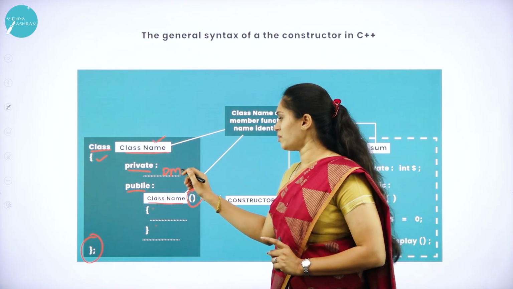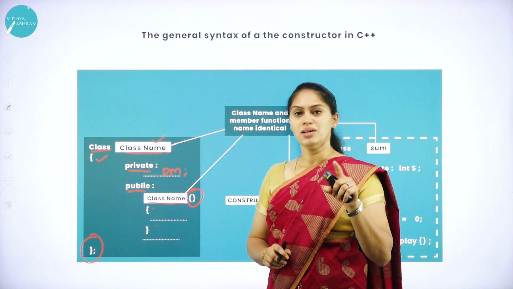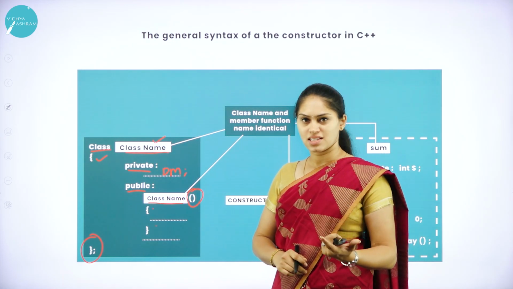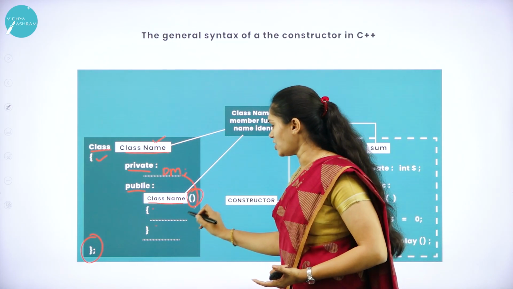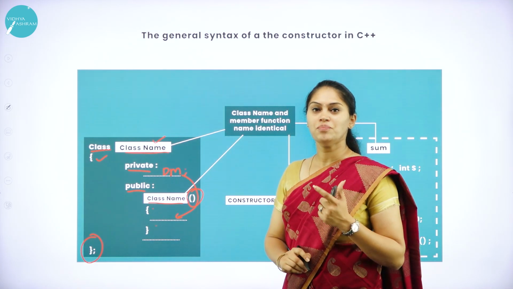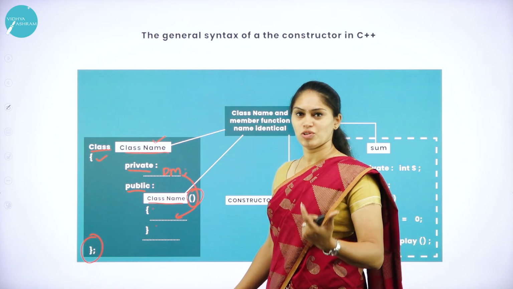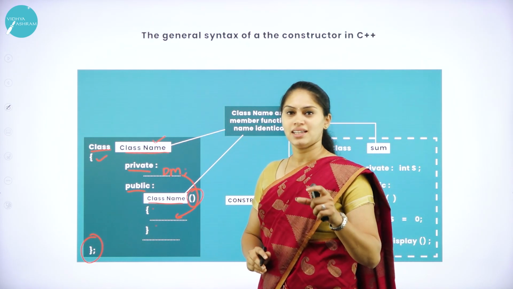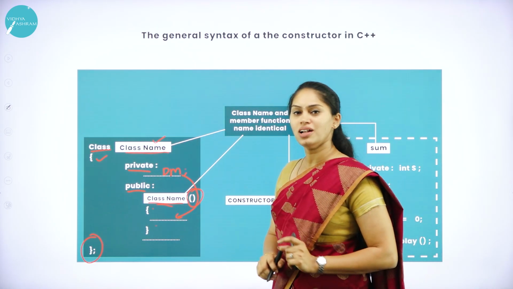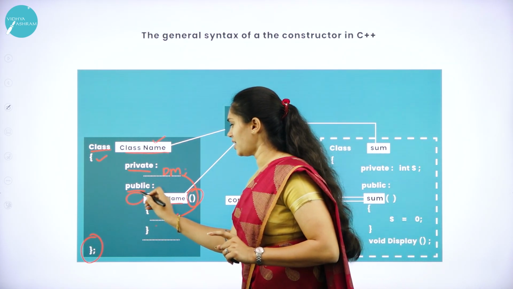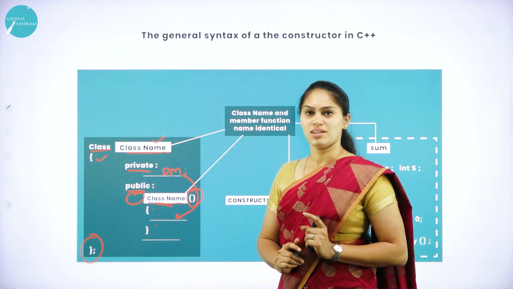Whatever data members I declare in the private section, that will be initialized in the constructor function. When I create an object for this class, this constructor will be called automatically, and you are not supposed to specify any return type before the function.